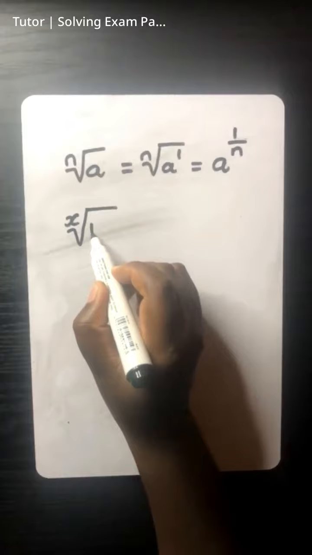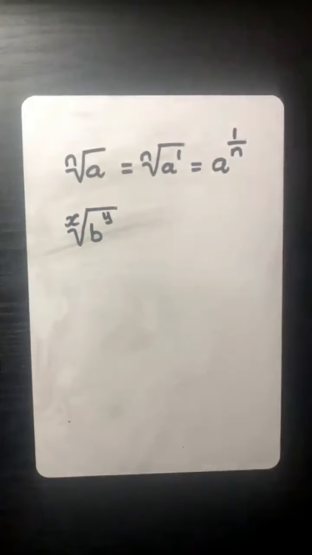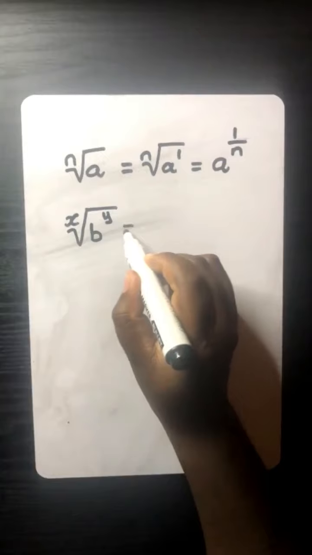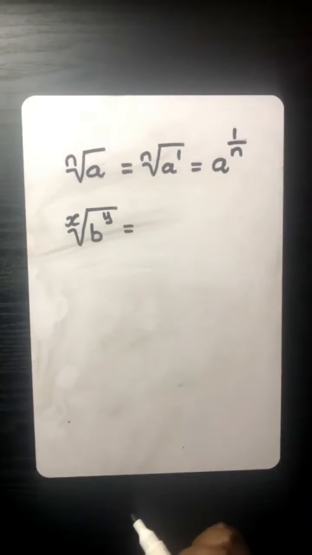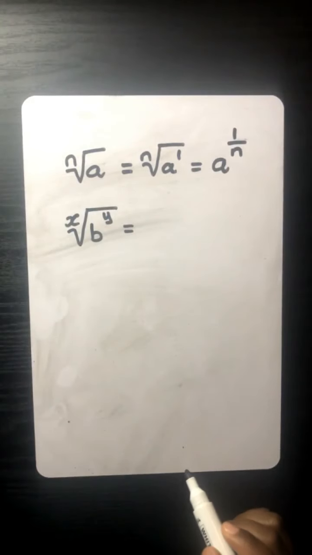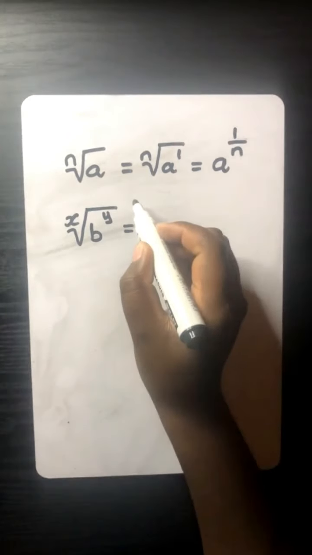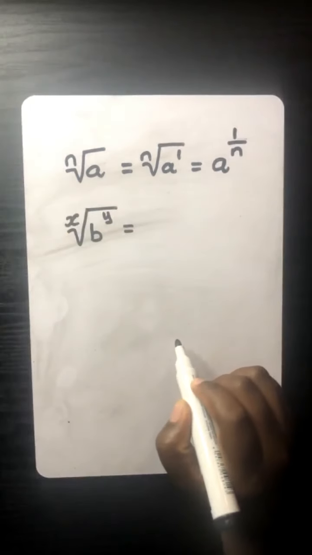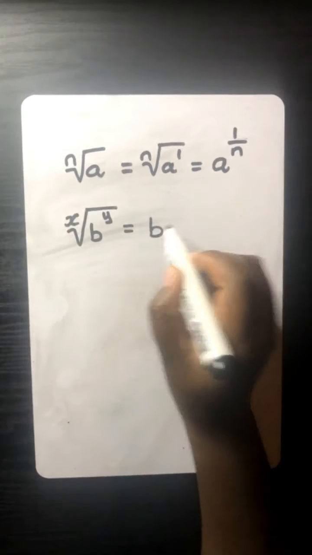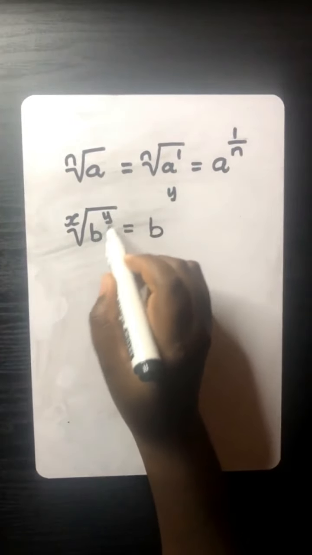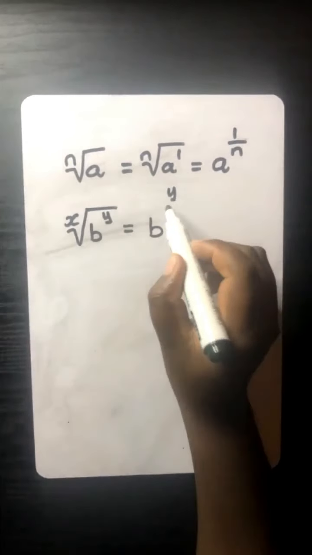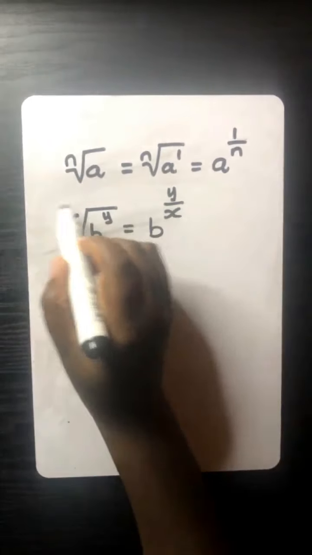Ladies and gentlemen, if you've got the xth root of b to the exponent y, remember, we are trying to rewrite this without a root sign. So this is the same as b to the exponent y over x.